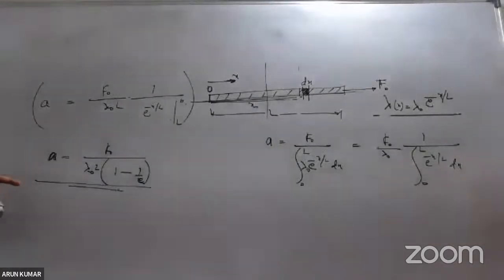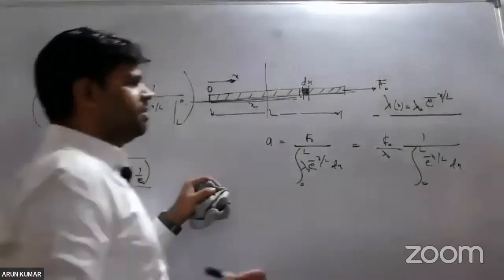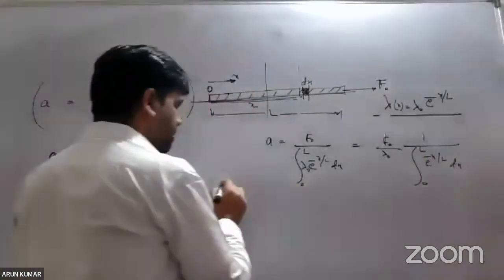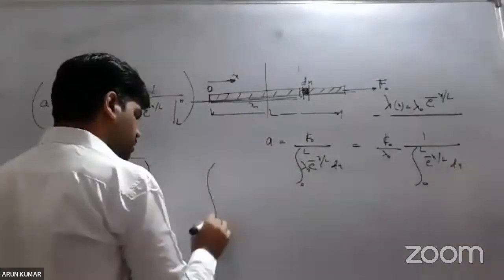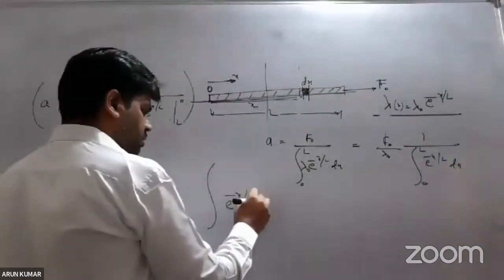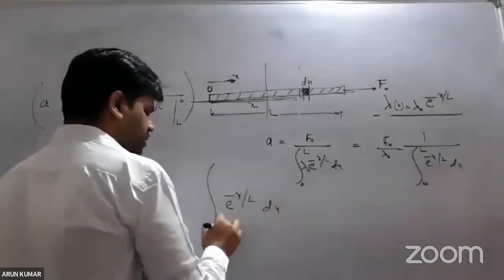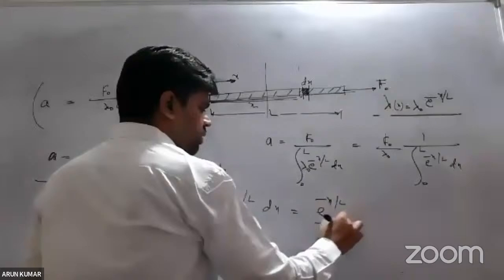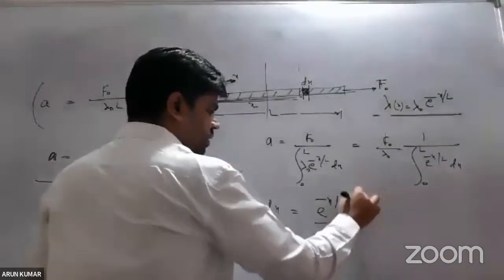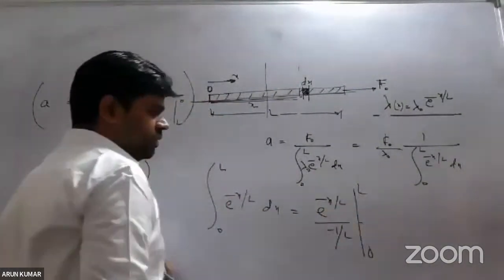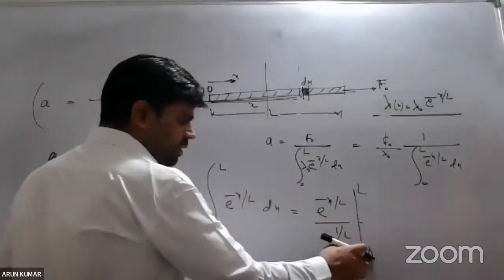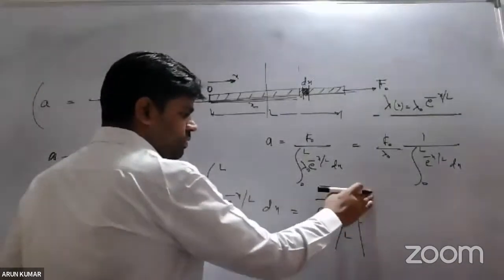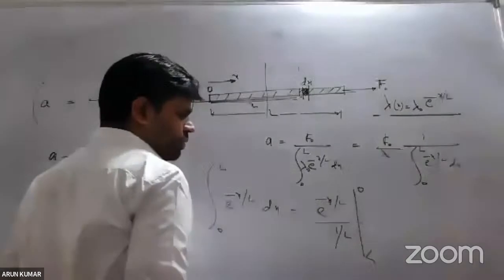Do you all understand how I got the acceleration? How I integrated it? Integral 0 to L e power minus x by L dx is equal to e power minus x by L by minus 1 by L under limit 0 to L. This negative sign over here, I'll remove it and I flip the limits, L to 0.